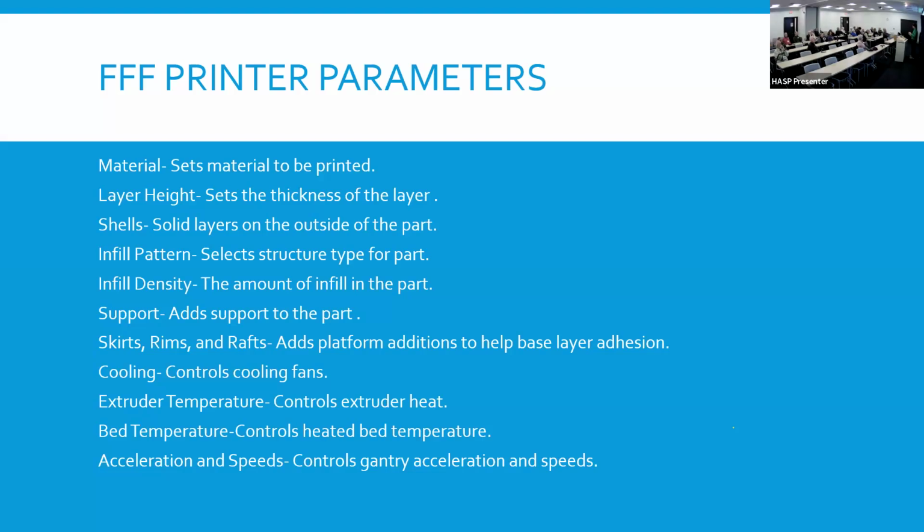So let's say I had something where I wanted to pull in this direction, and try not to pull it apart. I would print the infill in straight lines so that it didn't want to pull apart. Or if I wanted overall strength in my part, I'd print in either triangle or honeycombs.